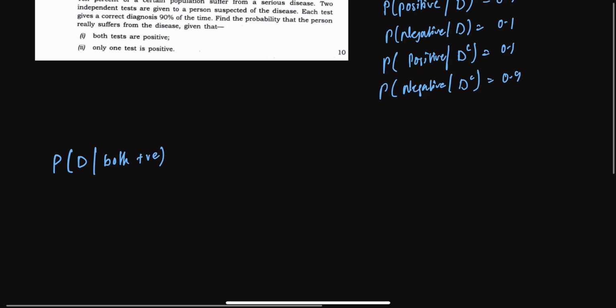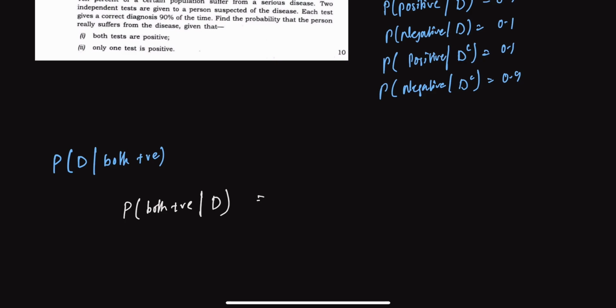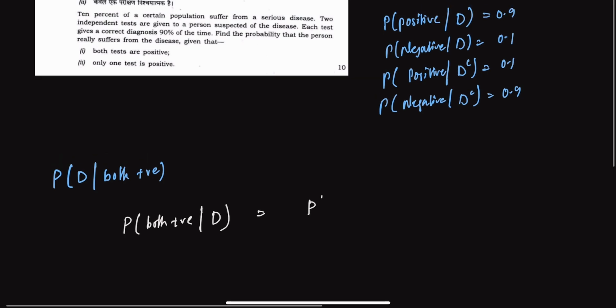So first we can easily find the probability of both tests being positive given the person has the disease. That is the probability of getting positive in the first test, and since both tests are independent, we multiply by the probability of positive in the second test as well.